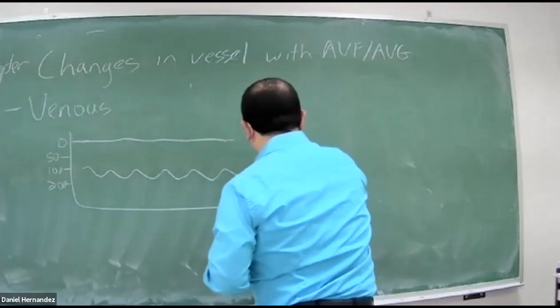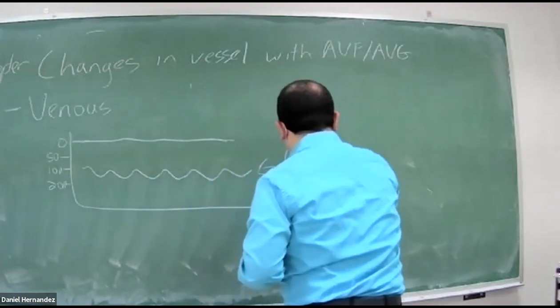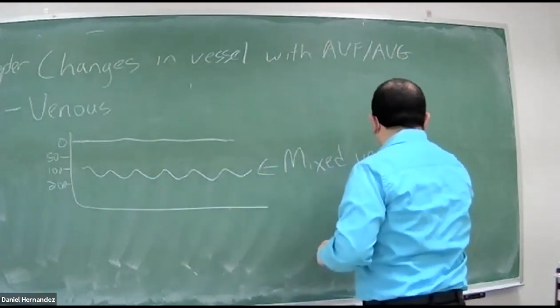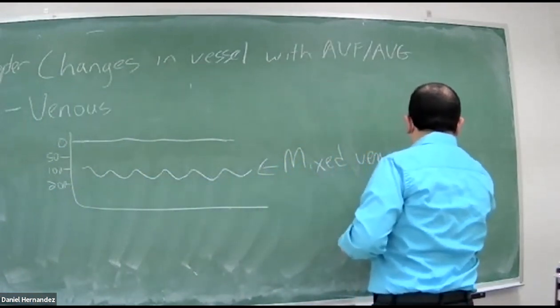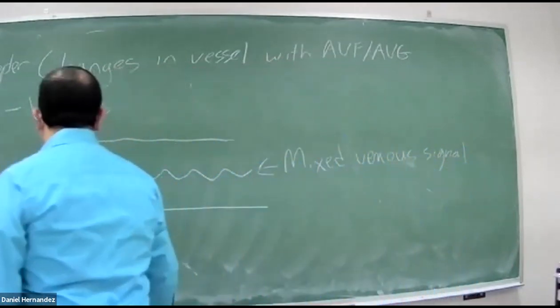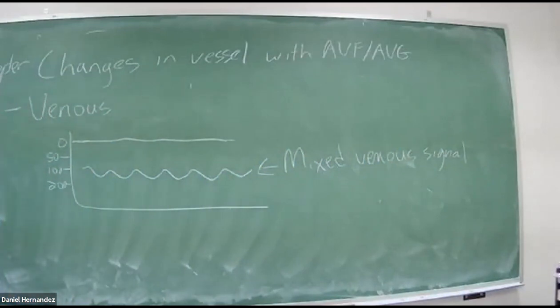So this is now referred to as a mixed venous signal. We're now getting some pulsatility from that arterial blood that's mixed in with the venous.